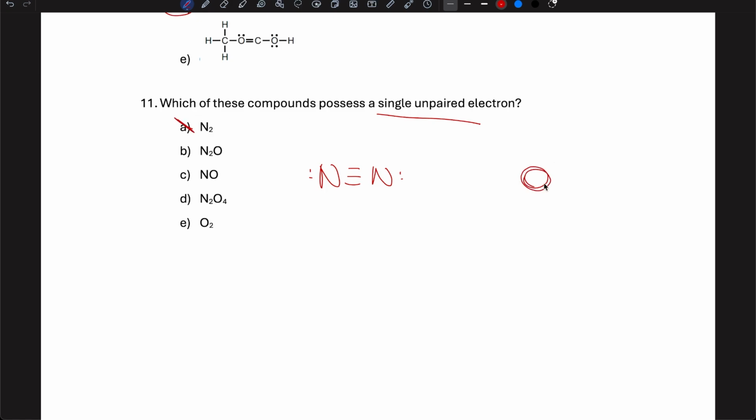Oxygen is our central atom here. We have nitrogen all around it, maybe something like this. And so it would look something like this.